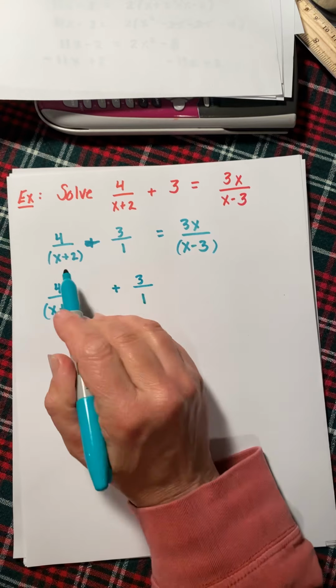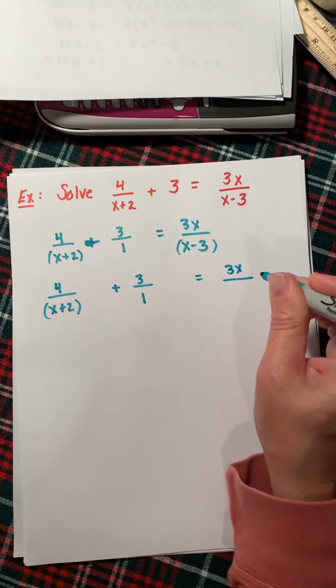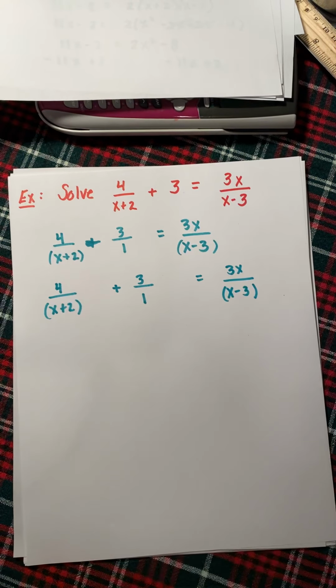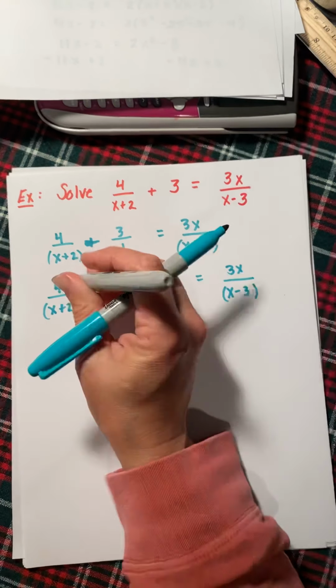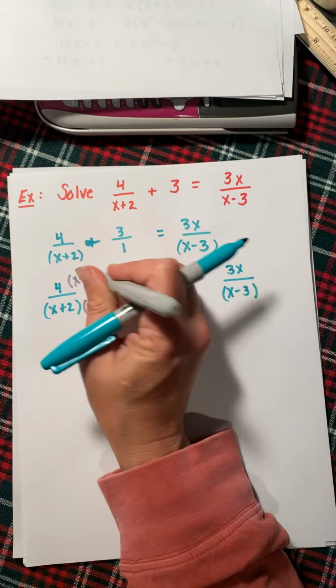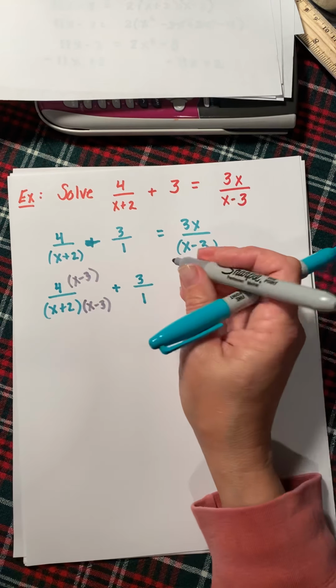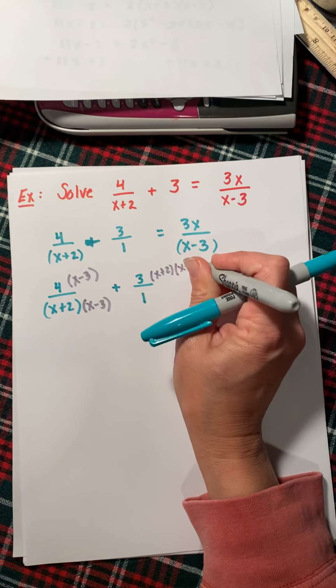This denominator needs both the x plus 2 and the x minus 3. And that one's going to need the x plus 2. So this one's just missing x minus 3, because there's always a 1, it's understood to be there. This is missing both the x plus 2 and the x minus 3.